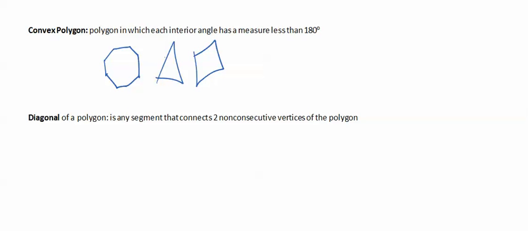But again, each of these angles has to be less than 180. An example of what wouldn't be a convex polygon would be a figure like this, because you'll see both here and here the measurement of the interior angle is obviously more than 180 degrees. For most of this book, we will be just working with convex polygons.